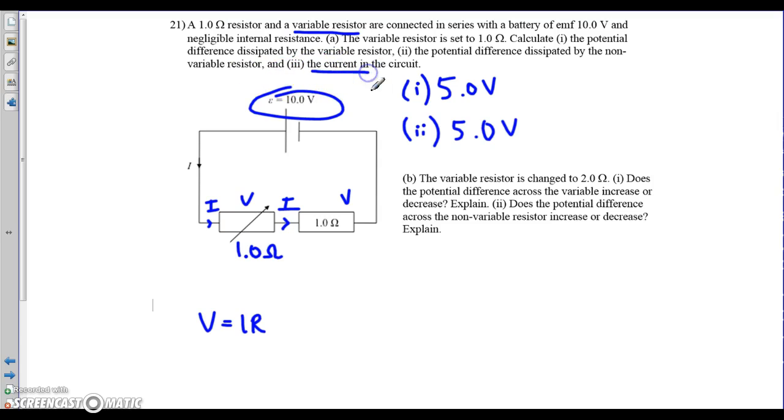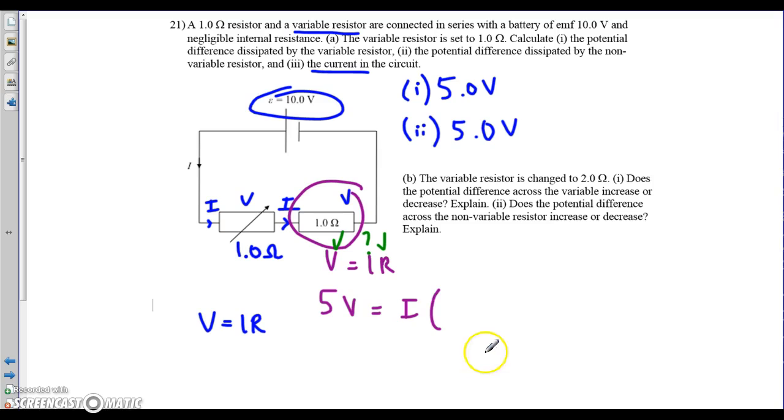What's the current in the circuit? Well, that's not too bad. You can apply the equation V equals IR to this resistor because you know its value of V, you know its value of R, and you're looking for current. So its potential difference dissipated is 5 volts. The unknown is I, and the resistance of this one is 1 ohm.